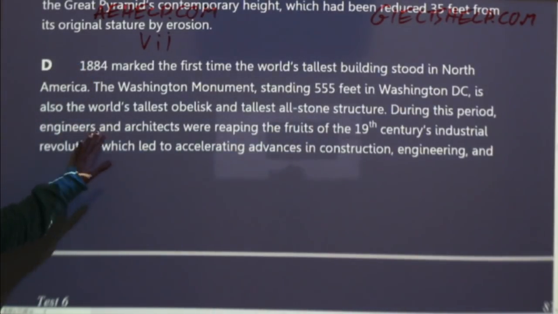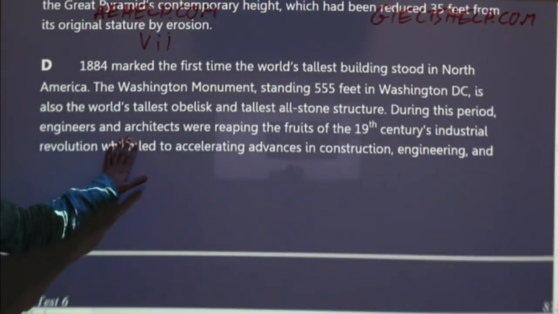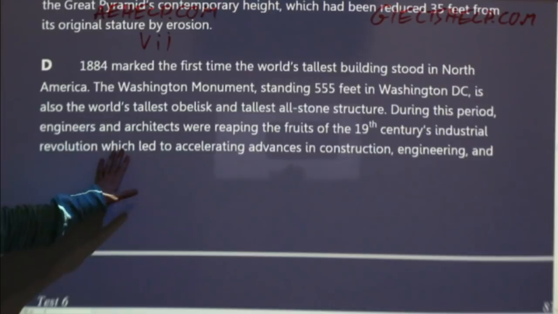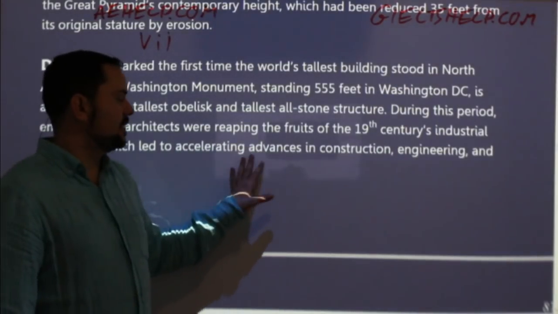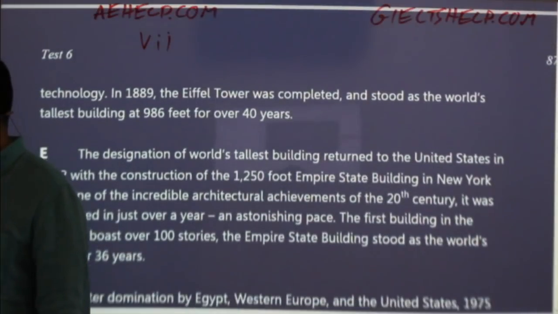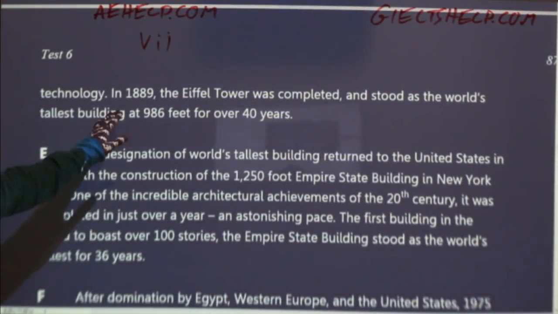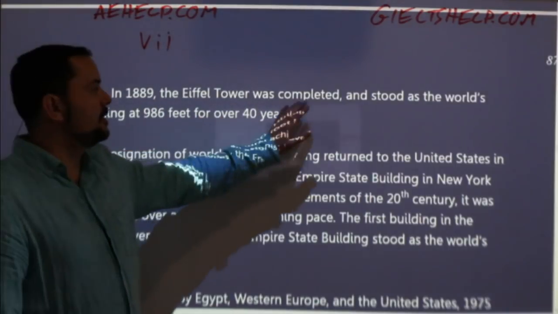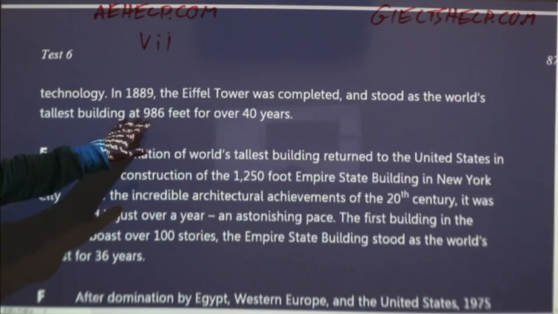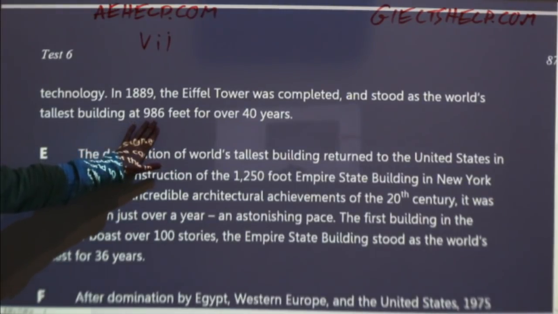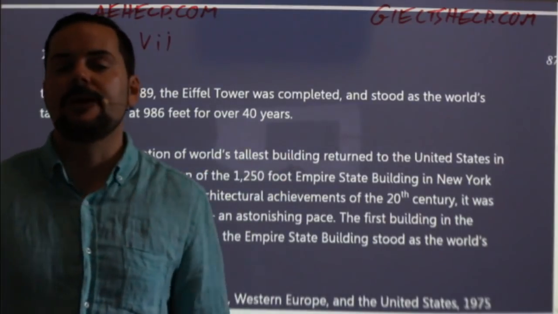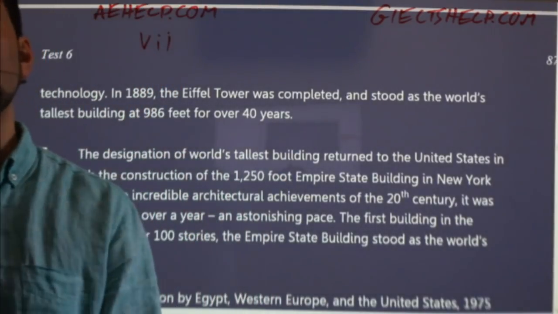During this period, engineers and architects were reaping the fruits of the 19th century Industrial Revolution, which led to the accelerating advances in construction, engineering, and technology. In 1889, the Eiffel Tower was completed and stood as the world's tallest building at 986 feet for over 40 years. Okay? What is this paragraph about?